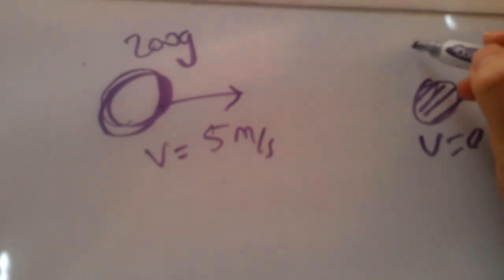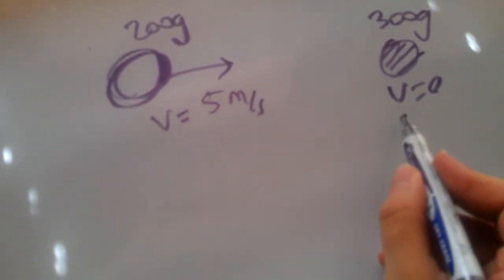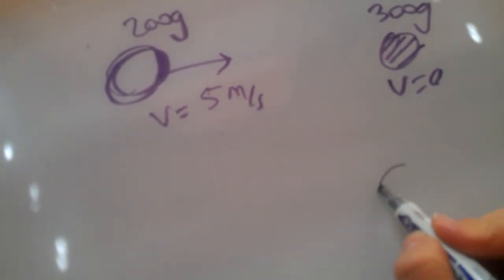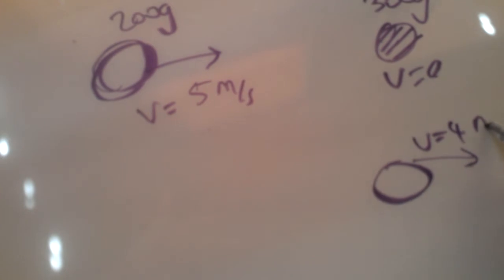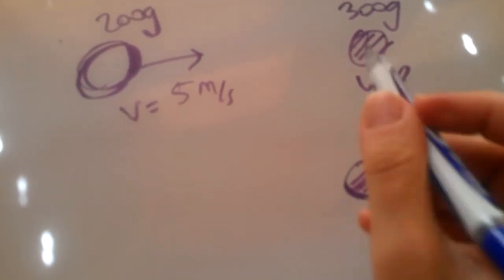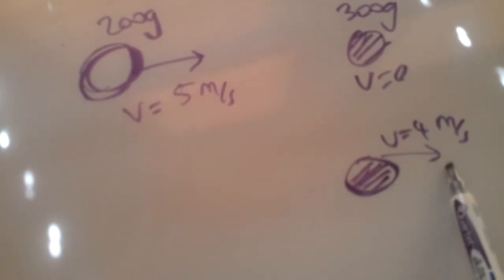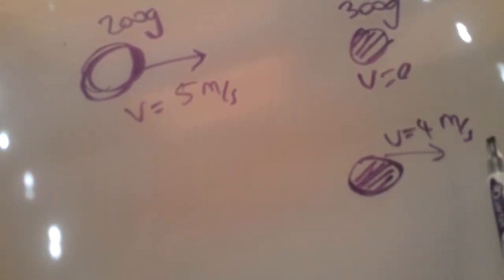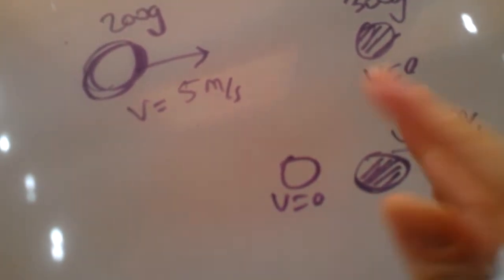This one is 300 grams, and the first one hits it, and then it starts moving at 4 meters per second to the right, and the first ball basically stops after the collision.